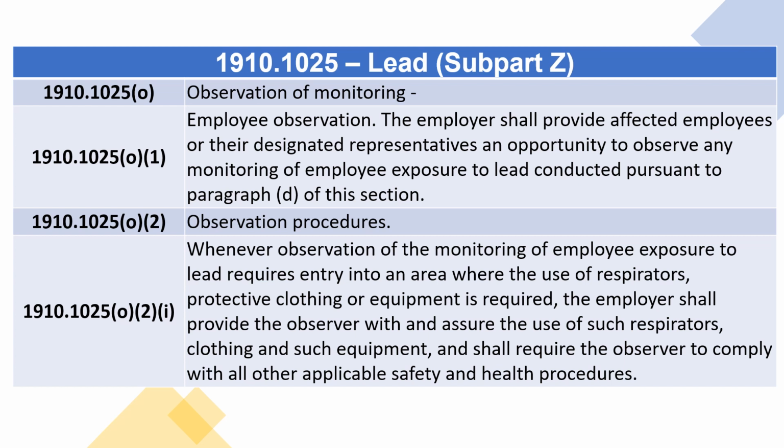Observation procedures. 1910.1025 (o)(2)(i). Whenever observation of the monitoring of employee exposure to lead requires entry into an area where the use of respirators, protective clothing, or equipment is required, the employer shall provide the observer with and assure the use of such respirators, clothing, and such equipment, and shall require the observer to comply with all other applicable safety and health procedures.